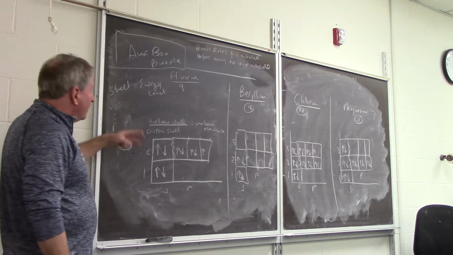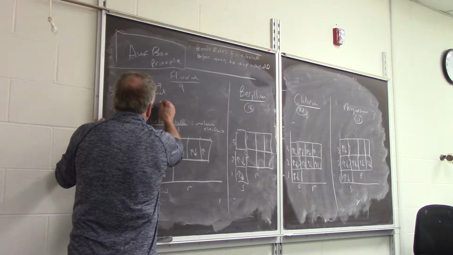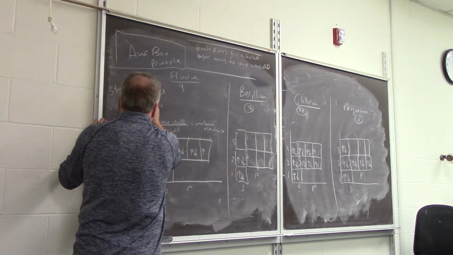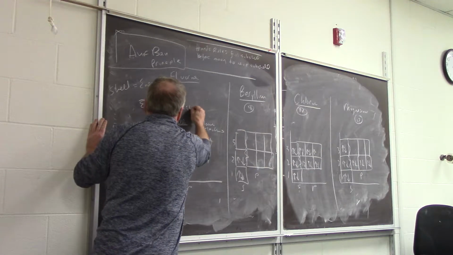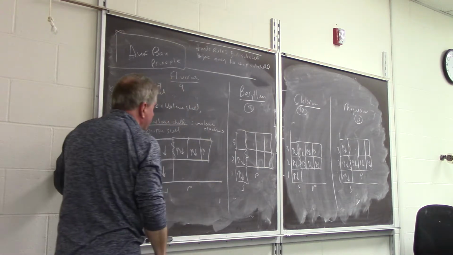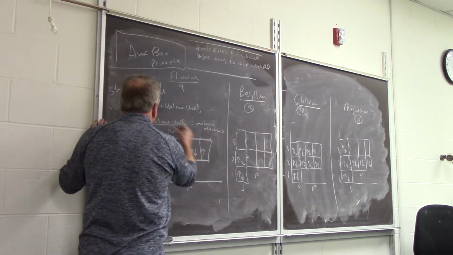So fluorine has energy level 2 as its valence shell. And how many valence electrons does it have? 1, 2, 3, 4, 5, 6, 7.